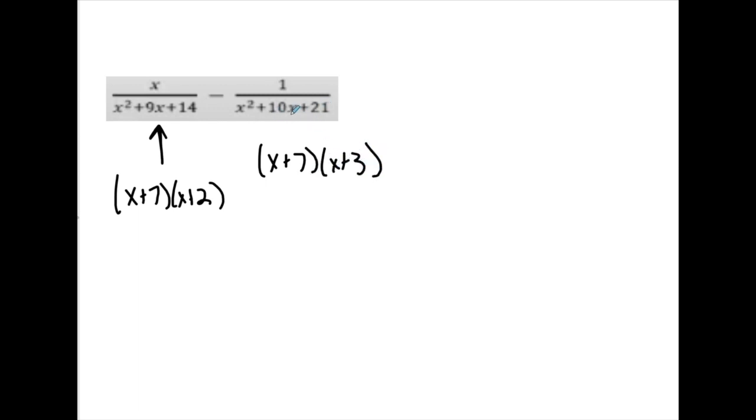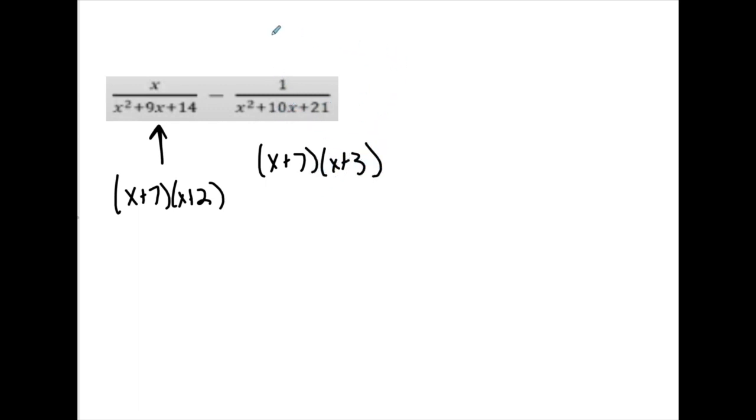Okay, last one. Just factor, factor, factor. So x squared plus 9x plus 14. That's x plus 7, x plus 2. This one here is x plus 7, x plus 3.